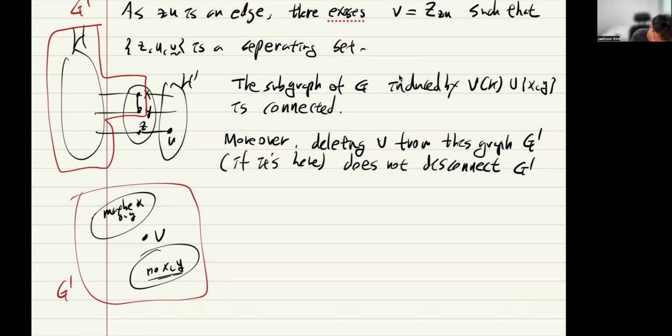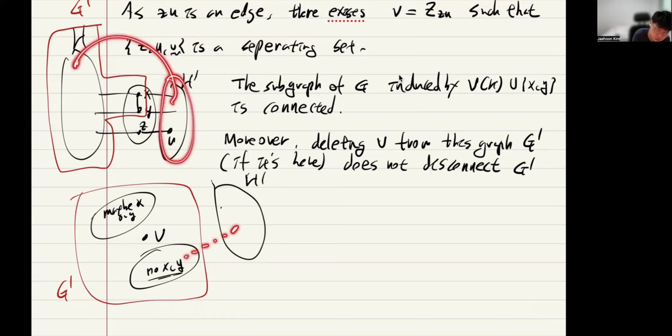Then what happens? The outside part might send edges to here because this is sending edges to X and Y. But there are no such edges from here to here.